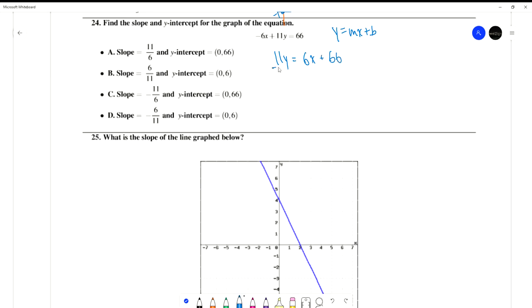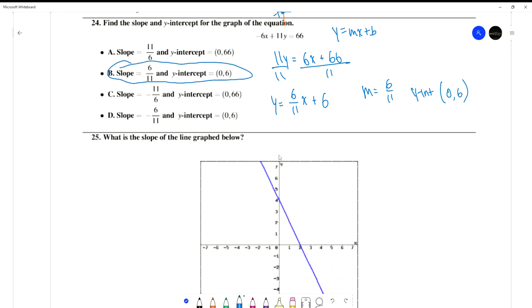Then we divide both sides by 11, and we get y is equal to 6 over 11 x plus 66 over 11, which is 6. So I can clearly see my slope is 6 over 11, and my y-intercept is (0, 6). And that is B. Any questions there?